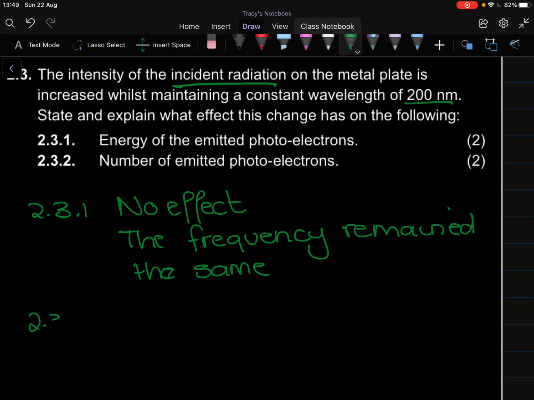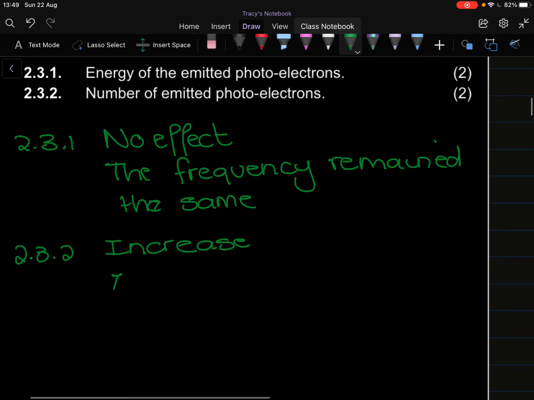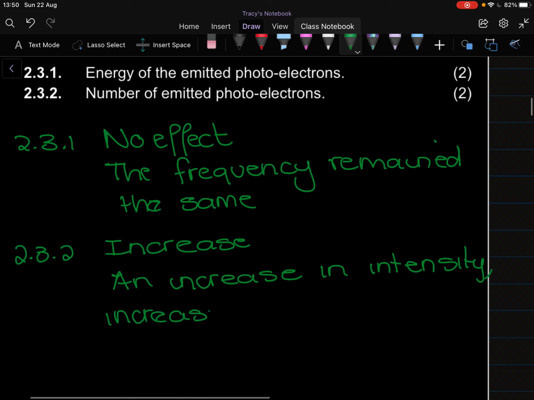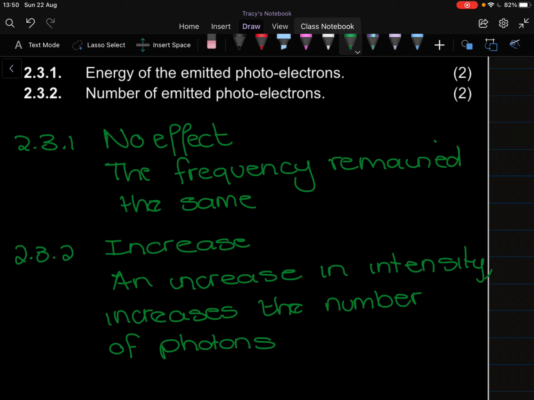Then they want the number of emitted photoelectrons. Well, that's going to increase. Why? Because an increase in intensity increases the number of photons hitting the metal.